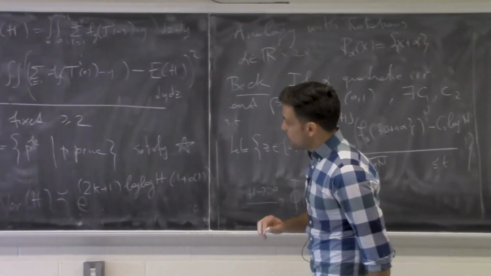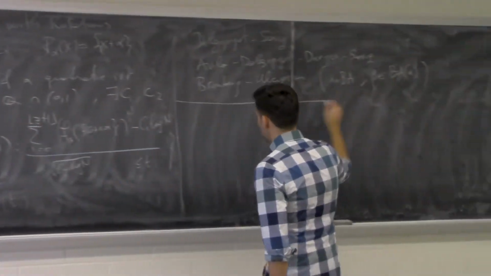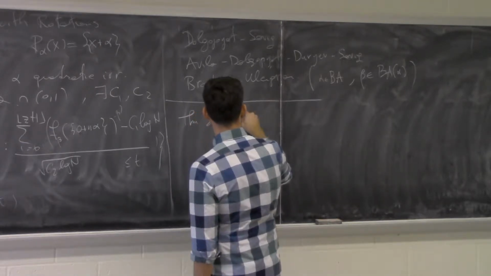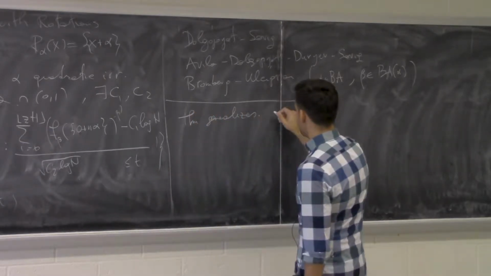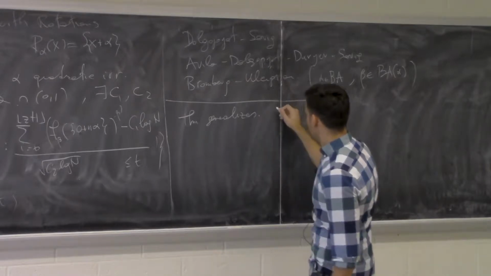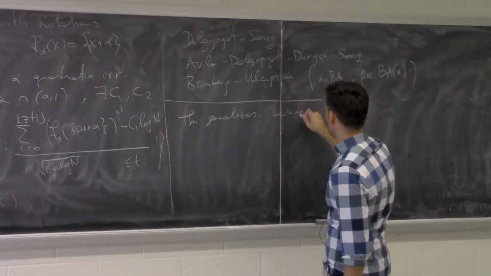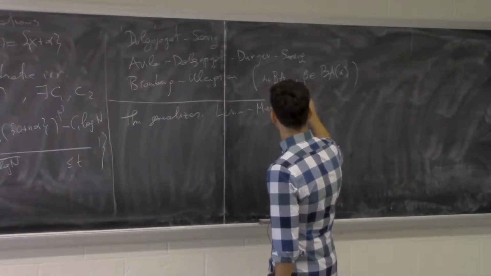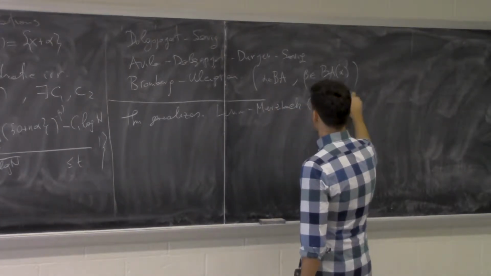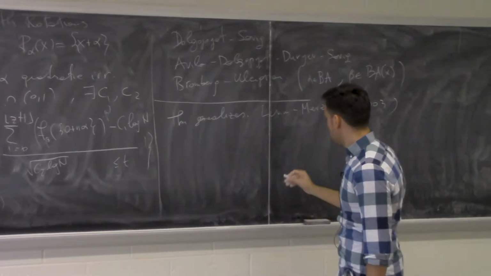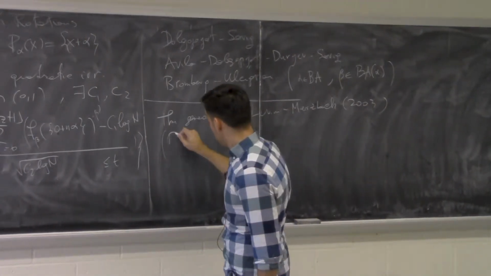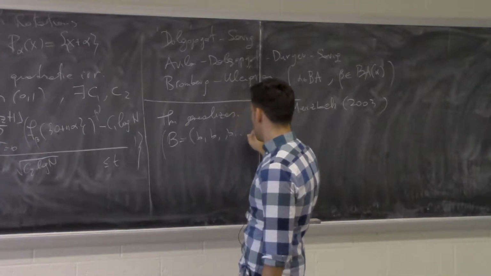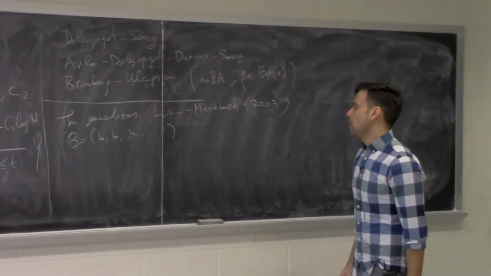So I should say that this theorem generalizes something by Levin and Merzbach in 2003, who proved this very theorem where they did it for B equal to B, so somehow the base B odometer.